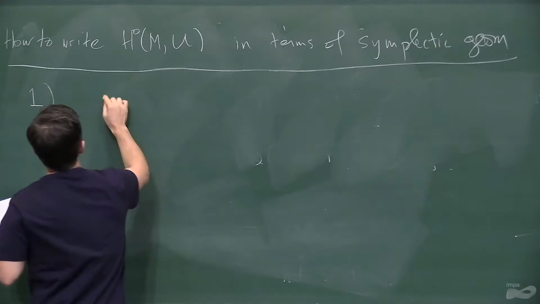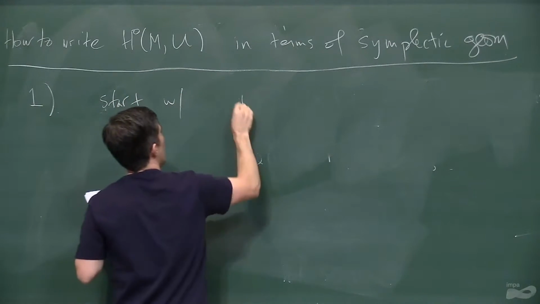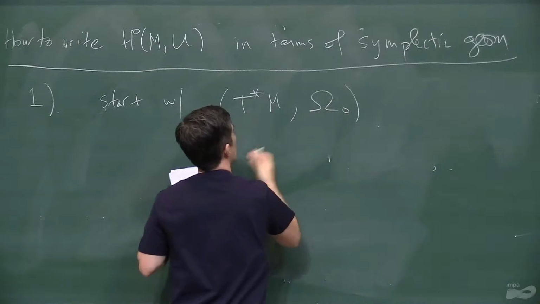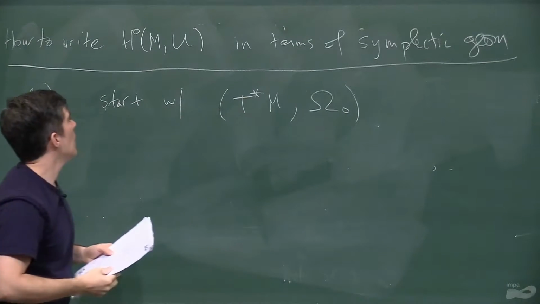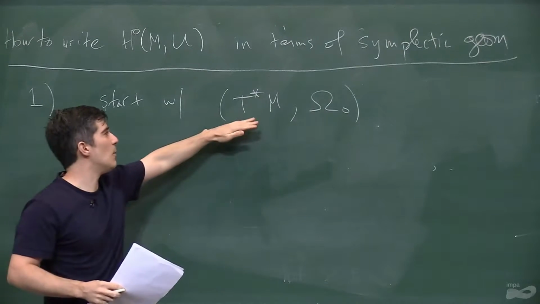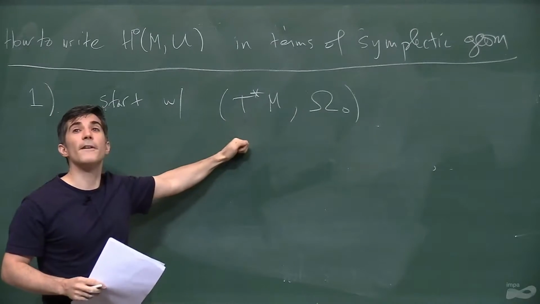Okay, so we start with the cotangent bundle of M. We're going to double the space, and now we're going to start with the cotangent bundle. Now what I want to emphasize is that it's very important that this is the holomorphic cotangent bundle.